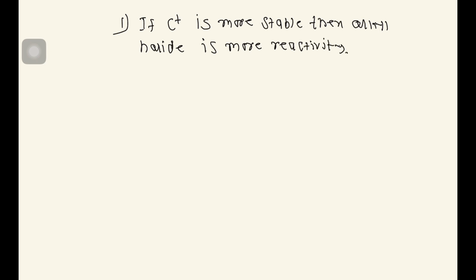Simply it means at first you need to see which one is more stable carbocation.